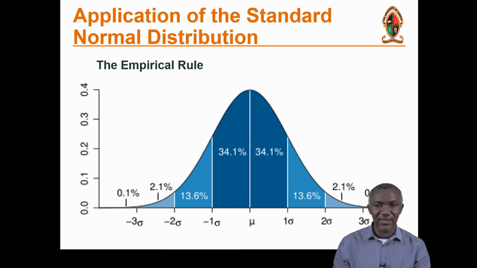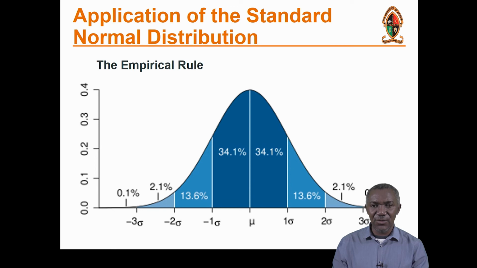So we are saying that about 68% of the values in a normal distribution will lie 1 standard deviation below and above the mean. Now, if we have 68.1% of observations lying below and above the mean, it means that this 68 is separated into 2.